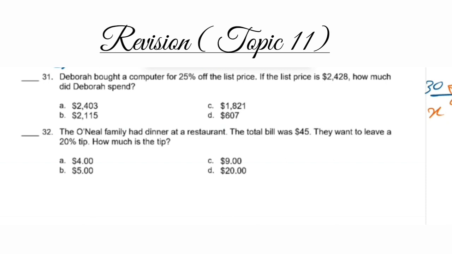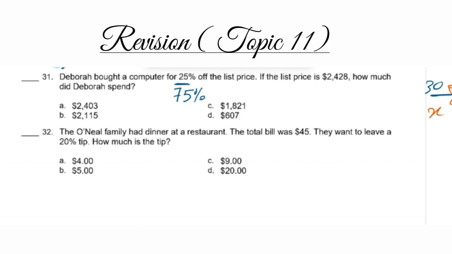In 31, Deborah bought a computer for 25% of the list price. So this is discount. If the list price is $2,428, how much did Deborah spend? So we need to find what she spent. Of course, this 25% is the discount. So what she spent is 75%. Why?